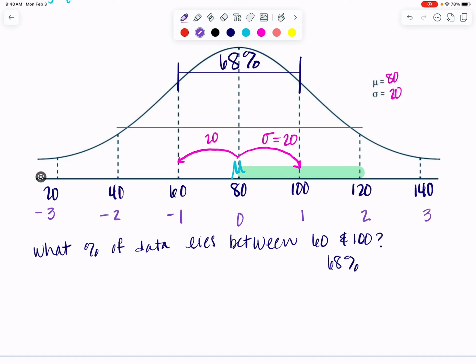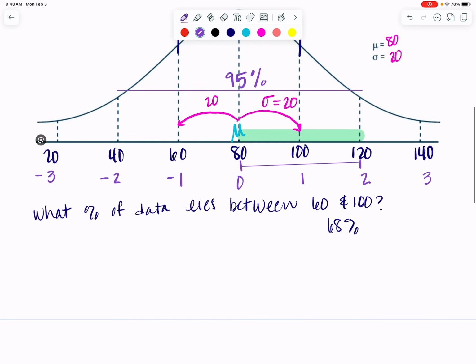The empirical rule says that within 2 standard deviations of the mean, you get 95% of the data. But I don't want the whole thing. I only want from the middle to the 120. The awesome thing about the normal curve is that it is symmetrical. So if you just want the percentage from 80 to 120, 95 divided by 2 will give you that percentage.